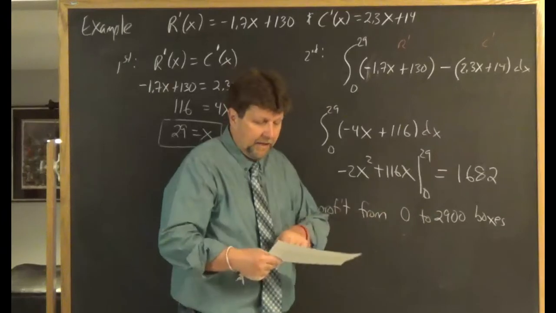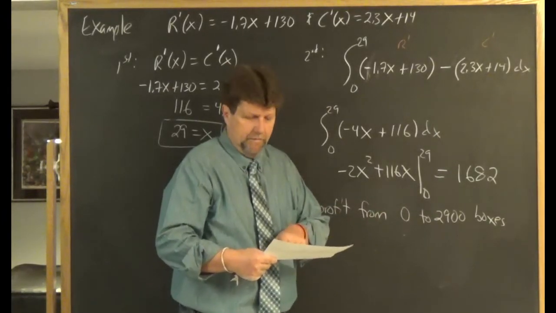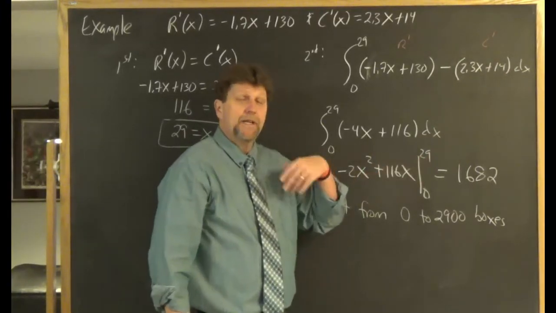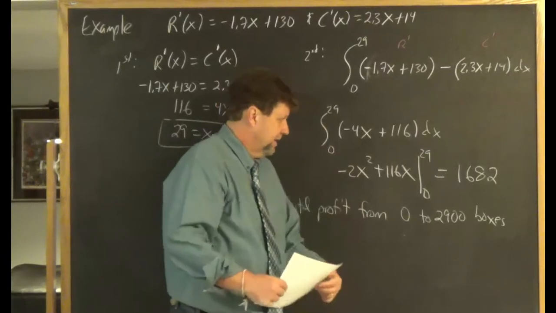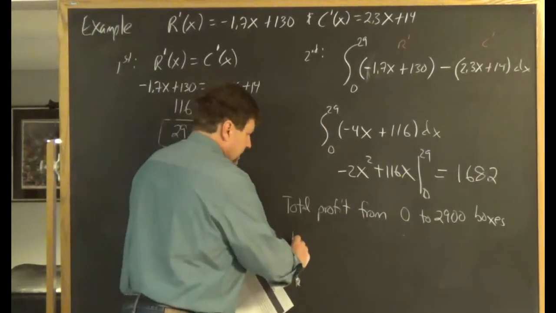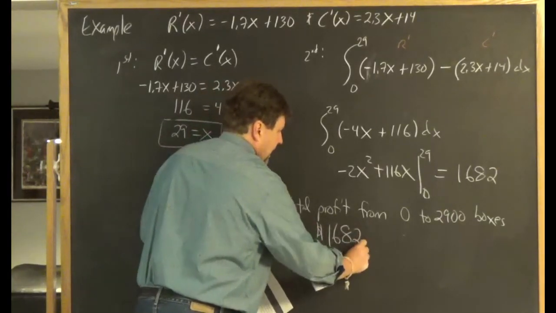You were told x is the number of boxes of this mocha mint tea in hundreds. So this 29 is representing 2,900 boxes. So the total profit from 0 to 2,900 boxes is $1,682.